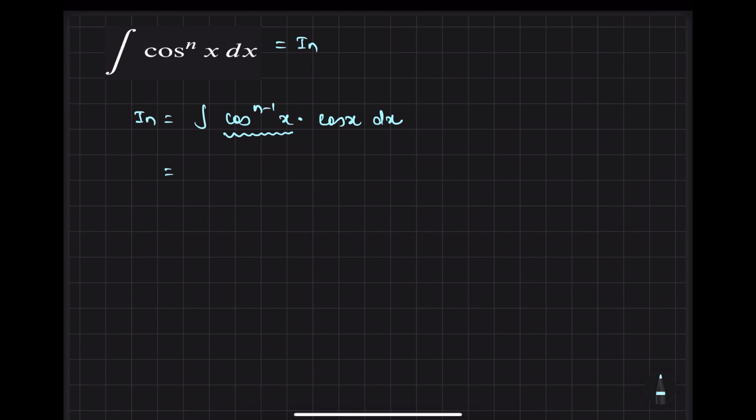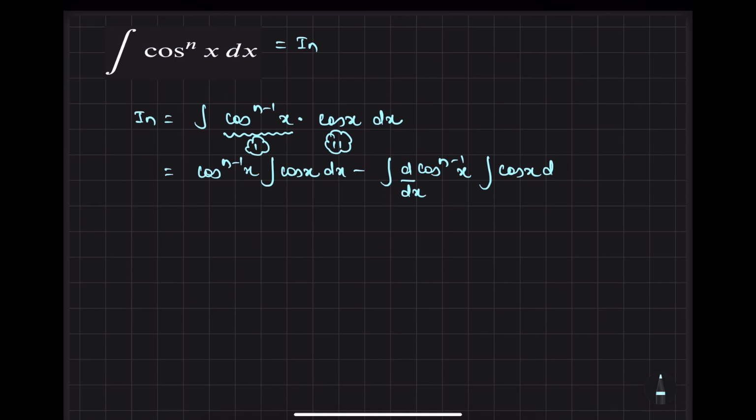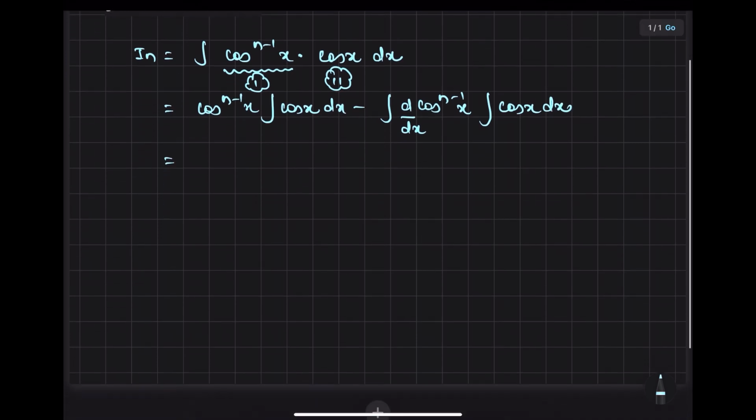So we will consider this as the first function and this as the second function. So first function, integration of second function, minus whole integration of differentiation of first function into integration of second function. Okay, now let's solve this.